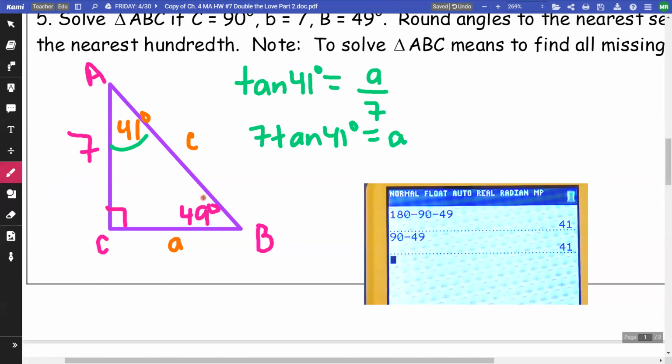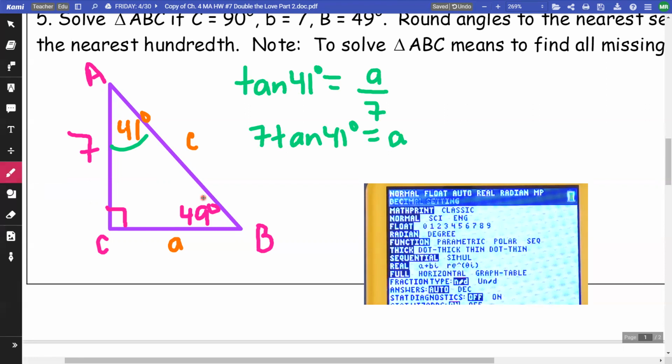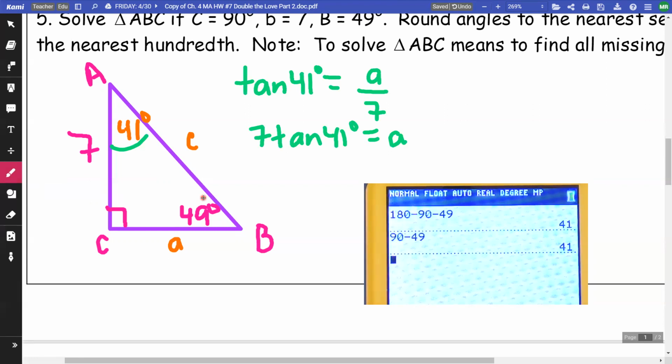So we need to make sure I have my calculator in degrees. Okay, so I'm going to go 7 tan 41. And I'm going to end up with, and they want it to the nearest hundredth, so 6.09. So 6.09, that is going to be A.